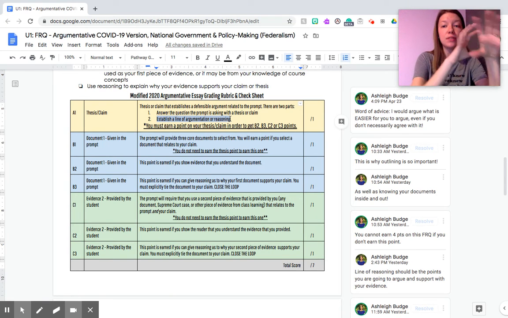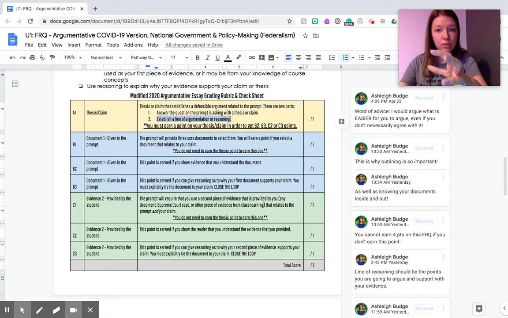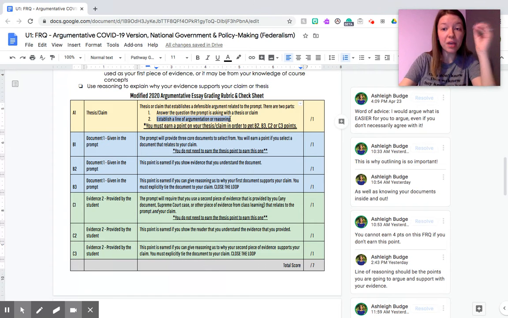So you have to say, and we'll look at this, the expanded national powers benefit or hinder policymaking because of X and Y. That "because" establishes your line of reasoning, and I want you to write it that way. The readers are going to be looking for that "because" in your claim. If you leave it as "expanded powers of national government benefits policymaking," period, you do not get that point, okay?